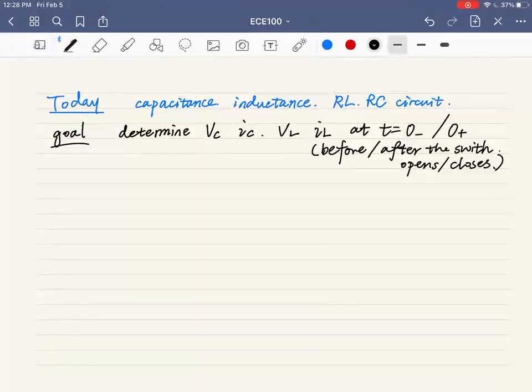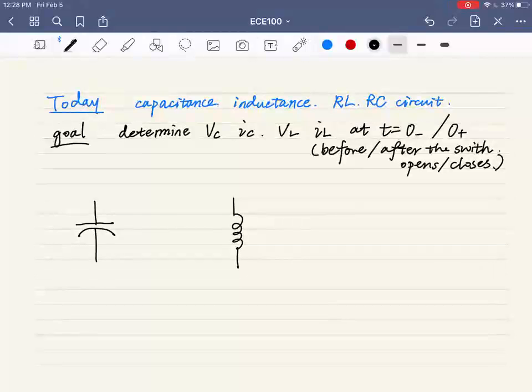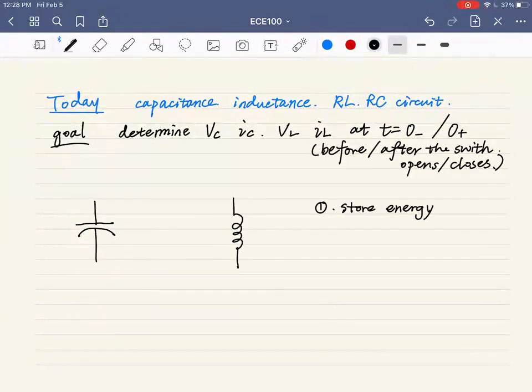All right, some basic information about capacitance and inductance. Number 1, they all store energy. And second, they are both passive elements, so a passive configuration is preferred.